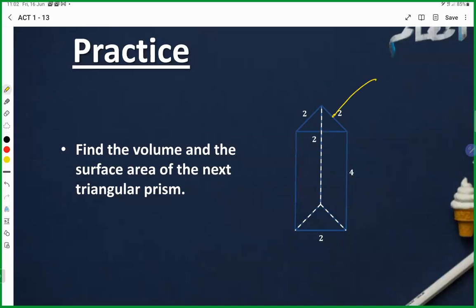This is an equilateral triangle, so the area is square root 3 over 4 times 2 squared. That's the area of the base, times the height, which is 4. You should practice the rules so you can solve it.